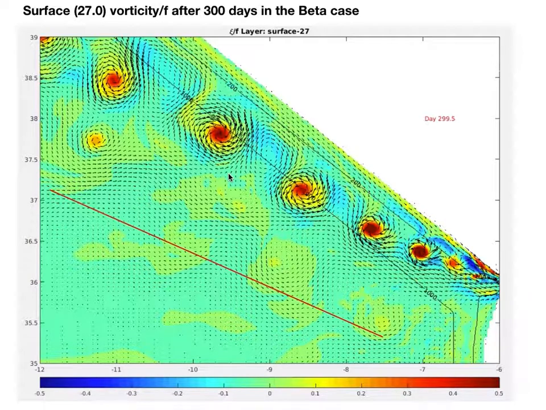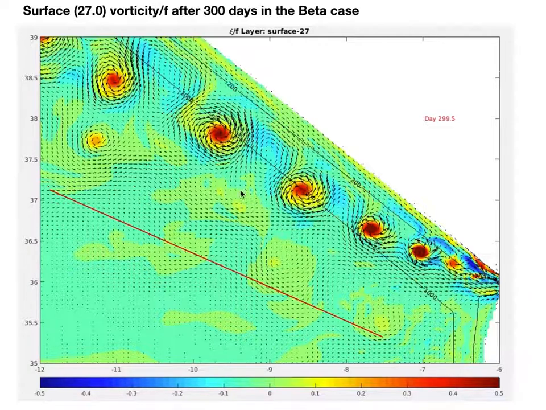So you also have the generation of Meddy-like features in deeper levels, and this is very clear in the experiments with higher vertical resolution close to the bottom. So you see the generation of very nice Meddy-like structures in these experiments.